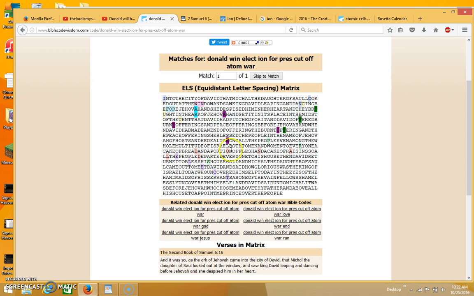As you can see over here, you have the name Donald coming up in ELS form in the light red with the letters D, O, N, A, L, D. And then right within the word Donald, you have the word elect coming up in the lavender at an angle, the letters E, L, E, C, T. And then right in there, you have the term the people.